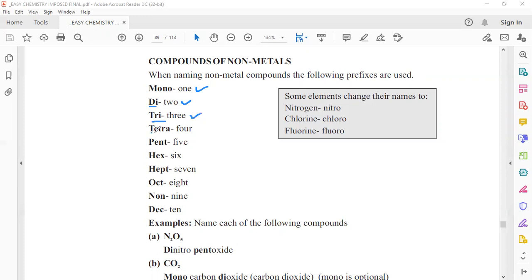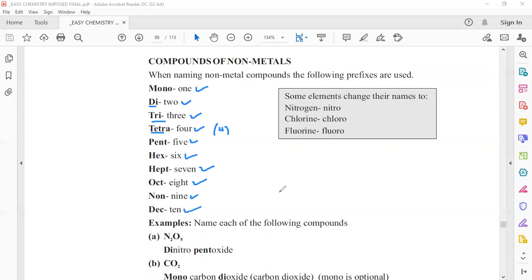Tetra means four. So four in chemistry is a tetra. Pent means five. Hex means six. Hept means seven. Oct means eight. Non means nine. And dec means 10.